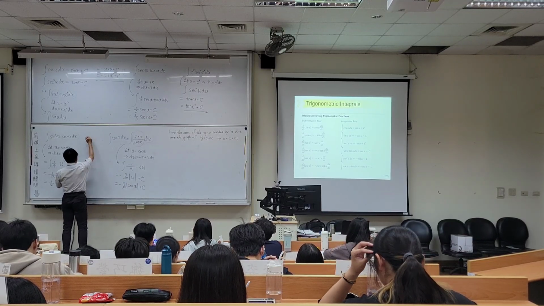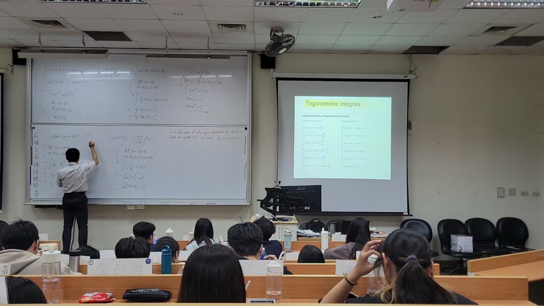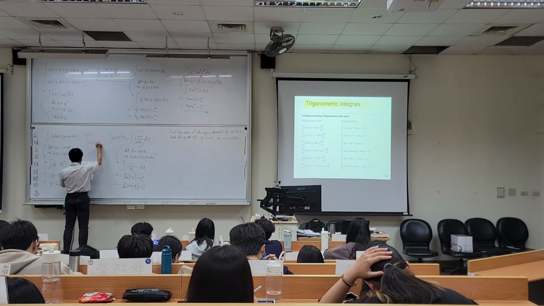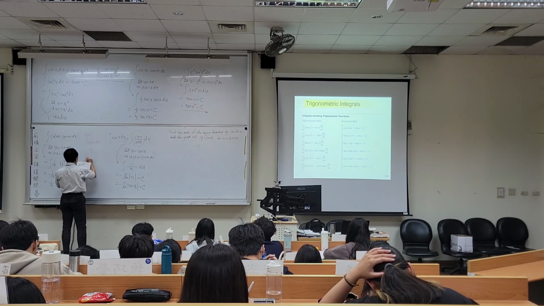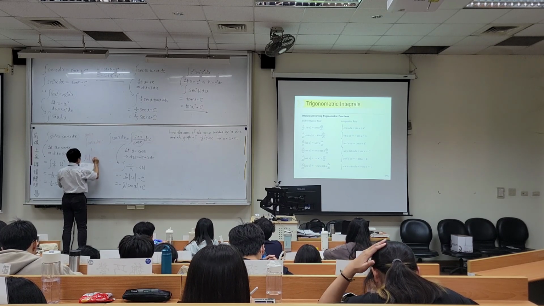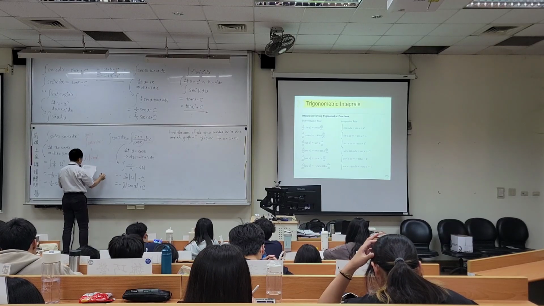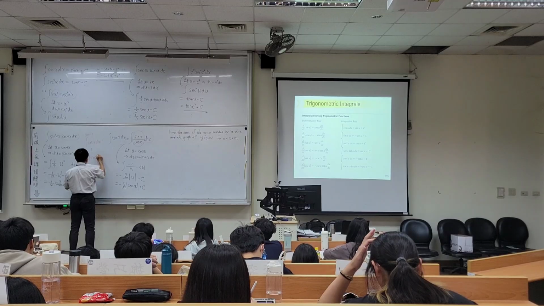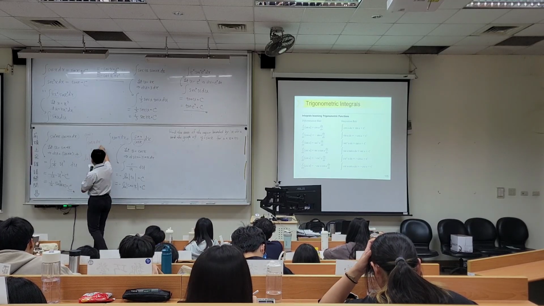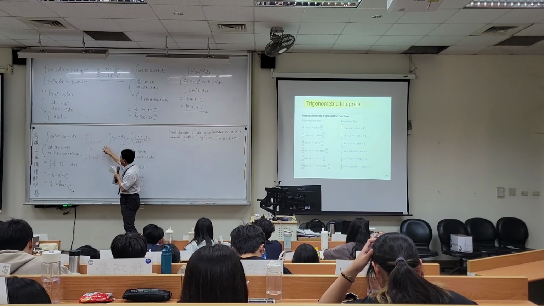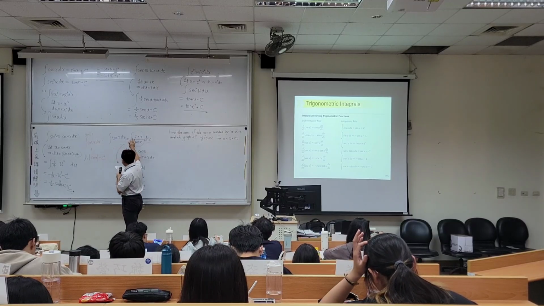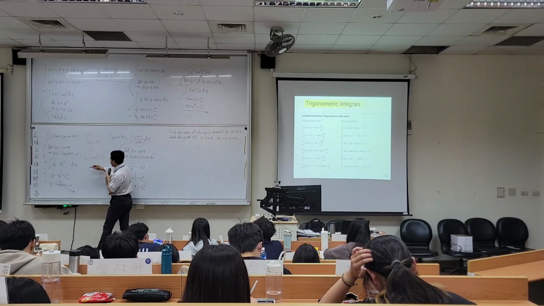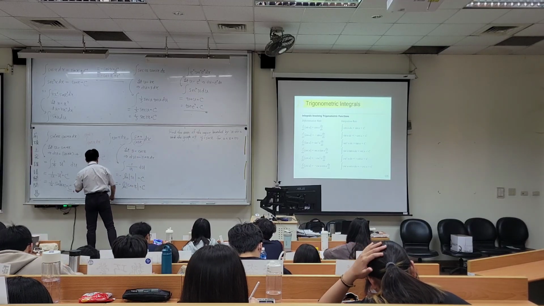That's your homework. The integral of cotangent, you get the natural log of the absolute value of sine x plus the constant. You can solve this using a very similar method here. Okay, work on this one.